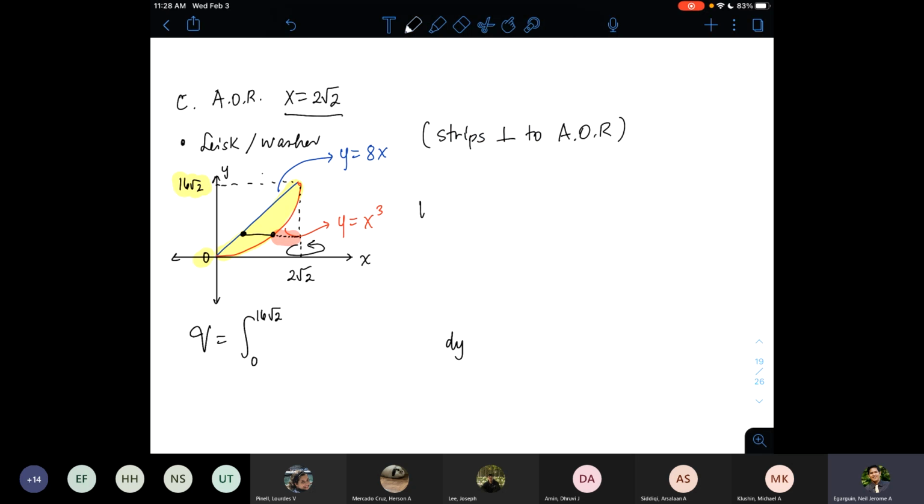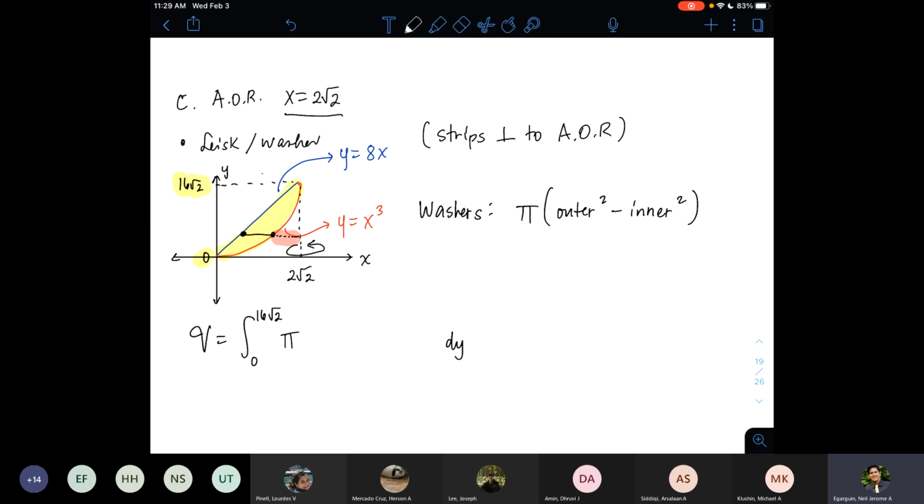For washers, the area of the cross sections would be pi times outer radius squared minus inner radius squared. That will go into the integral, so you can copy the pi over there right away, but we need to determine the outer and inner radii.